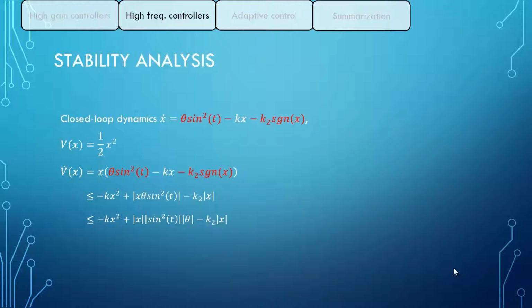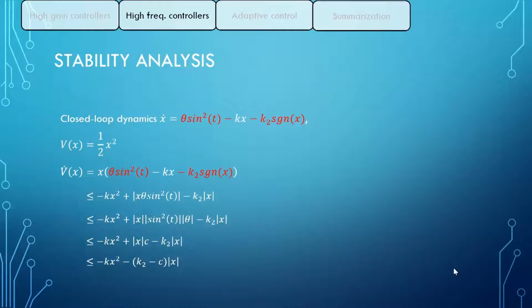That contribution is huge because now we can combine this absolute value of x with this absolute value of x. We can pull it out and merge these two. This is the upper bound of the constant, the upper bound of the uncertainties.